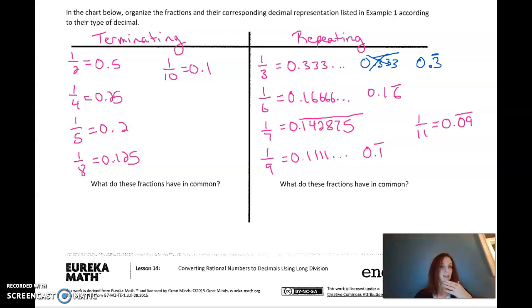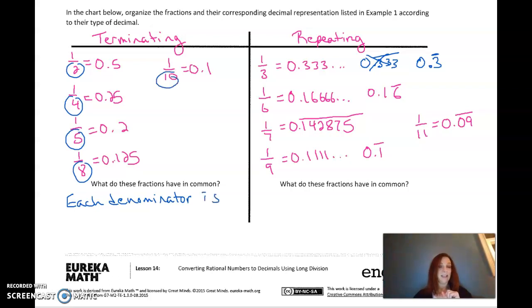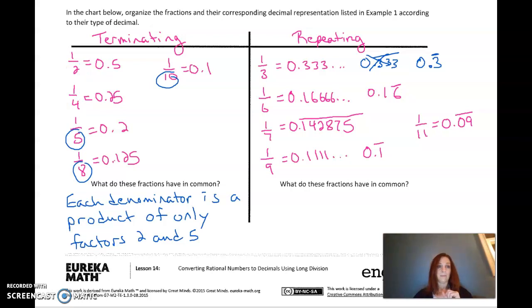If I look at these denominators, each denominator, 2, 4, 5, 8, and 10, what I'm going to tell you about them is each is a product of only factors 2 and 5, which means if I could break these down, they're only going to break down into 2 and 5.